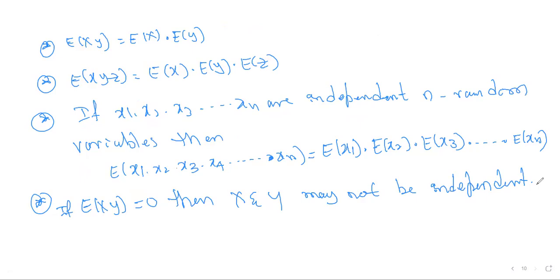But if x and y are independent random variables, then the expected value of xy is equal to the expected value of x into the expected value of y. For this fourth point, we have one example. So now we'll solve that example here.